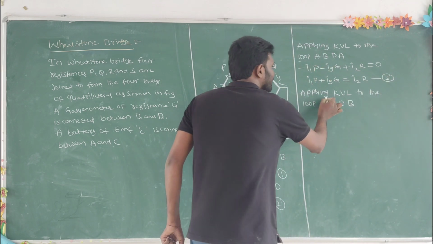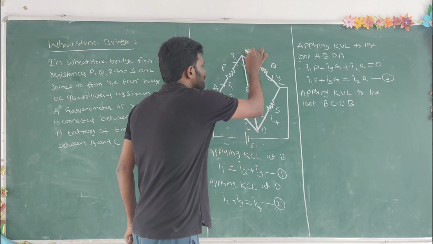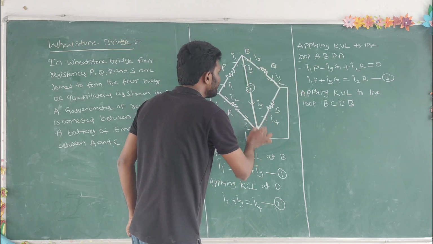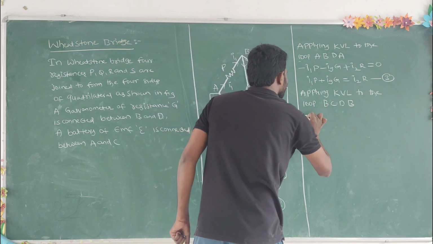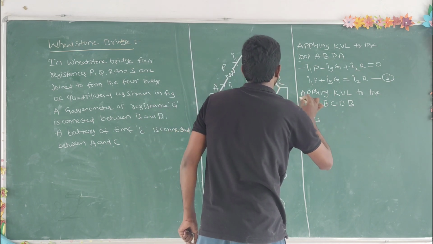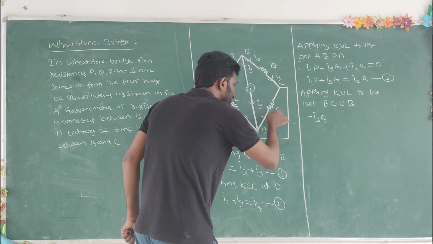Next, applying Kirchhoff's voltage law to the second loop, B, C, D, B. B to C in the same direction of current, minus I3Q.